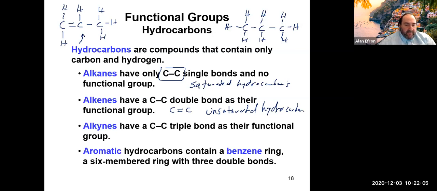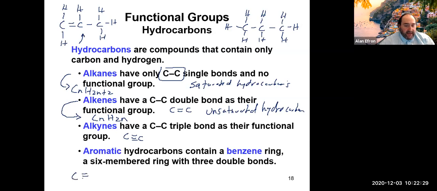So as I mentioned before, alkanes have the general form of CnH2n+2. Alkenes, because they lose those two hydrogens, end up with a general form of CnH2n. And what we get with alkynes, there's our carbon-carbon triple bond, also unsaturated.